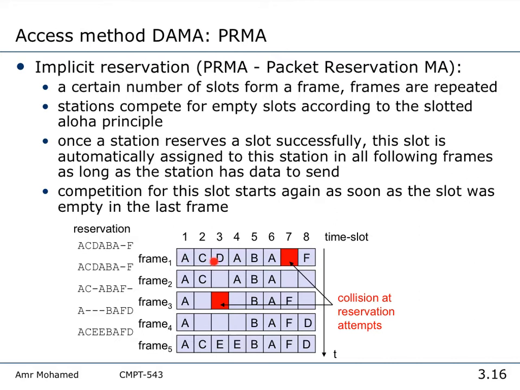We will divide the frame into time slots initially, and then in each time slot, the nodes will contend on this time slot, which means the node will try to access this time slot successfully by sending data.